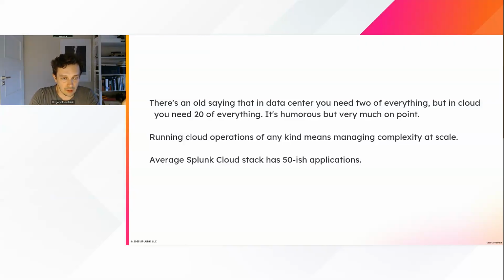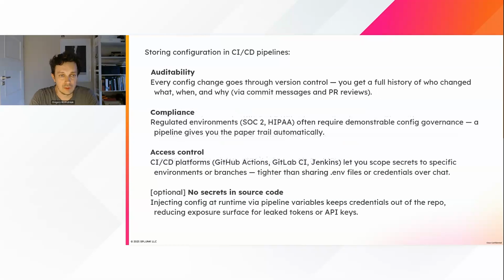The average Splunk stack, I would say the mean amount of applications in the cloud stack, is about 50-ish. We have clients who have less, we have clients who have way more. But even with 50 applications, it's quite a lot to manage, right? All of them have lots of configurations, lots of options to deal with. There are lots of scenarios that you can be interested in managing as an admin. So infrastructure as code is kind of an answer to this specific problem space.